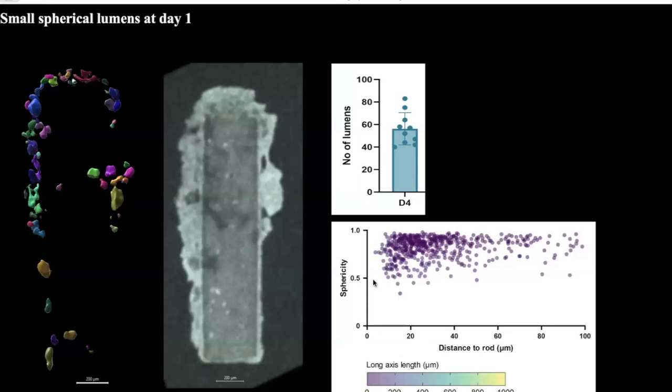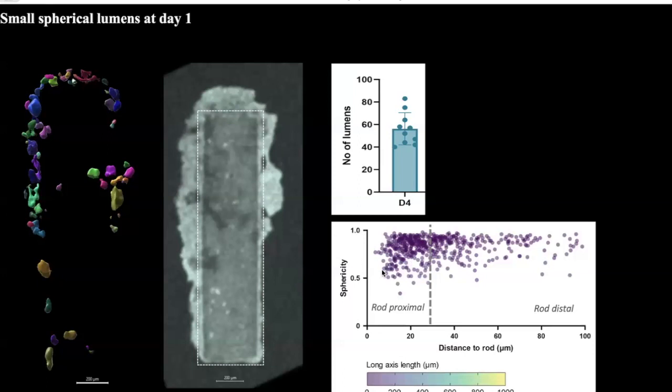If you look at day 4, you have all these lumens from different batches and different rods, and you see that most of them are relatively round with a high sphericity. We define 2 regions, one which is proximal to the rod, which means that the lumen center is less than 30 micron away from the edge of the rod. 30 micron is approximately 2 to 3 cell layers.